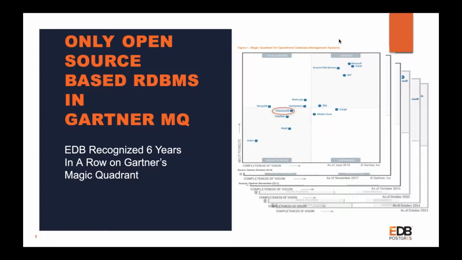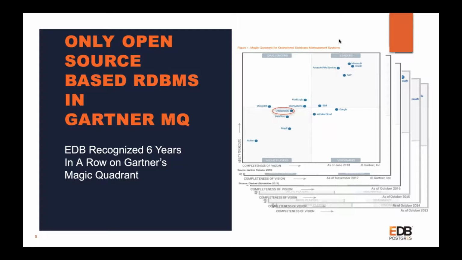But the important thing is that since Gartner restarted the Magic Quadrant in 2013, EDB and Postgres have been in the Magic Quadrant consistently. And one really, really important thing about this most recent Magic Quadrant is that EDB and Postgres are the only open source relational database left in the Magic Quadrant for relational databases today.